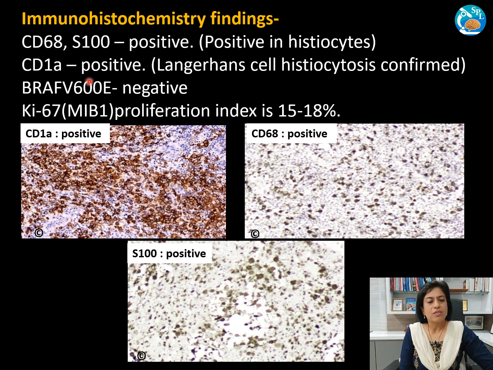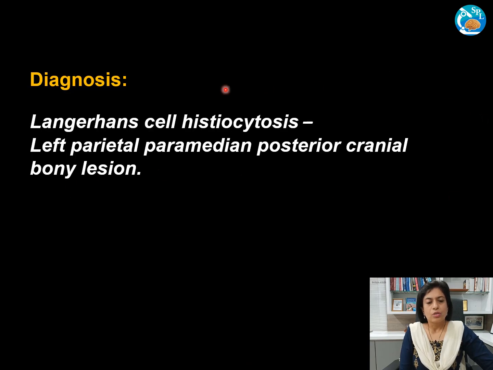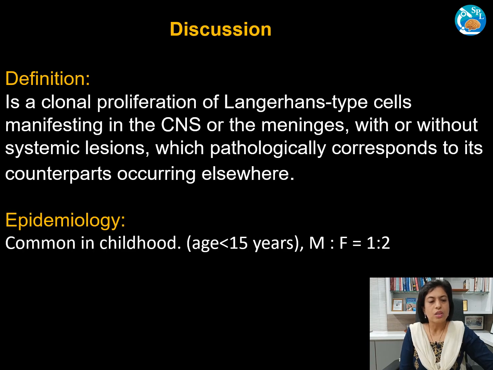BRAF V600E was negative and the Ki67 proliferation index was 15 to 18%. So, the diagnosis of Langerhans cell histiocytosis was confirmed.